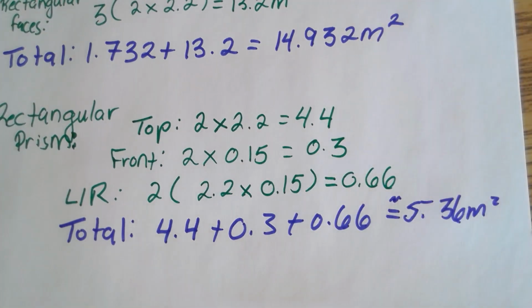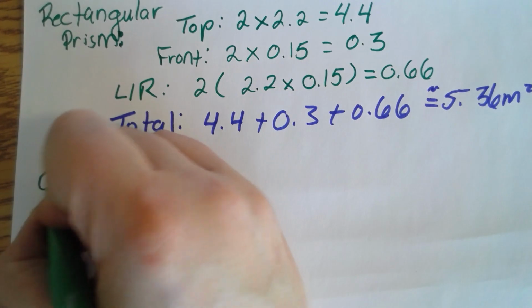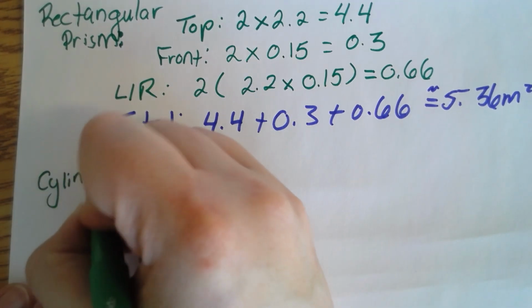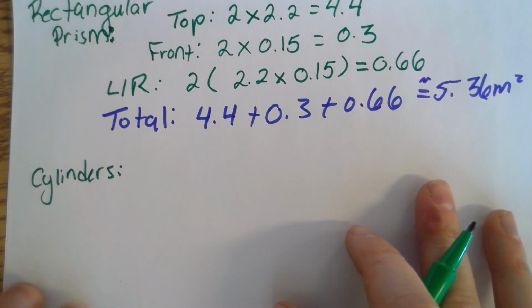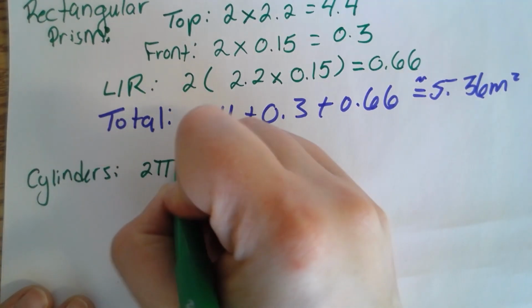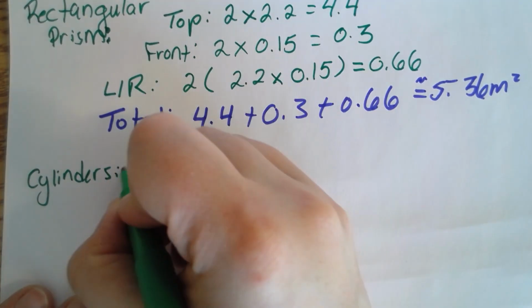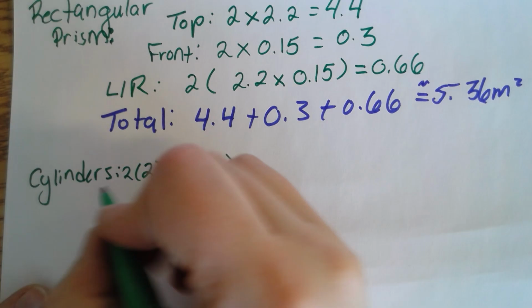meters squared. Finally, when I'm talking about my cylinders, I'm only going to be calculating the around piece because the faces of the cylinders aren't actually on my surface. So I am going to use the formula 2 pi r times height. And I'm going to put this in brackets to denote that I'm doing 2 of them because there's 2 cylinders.